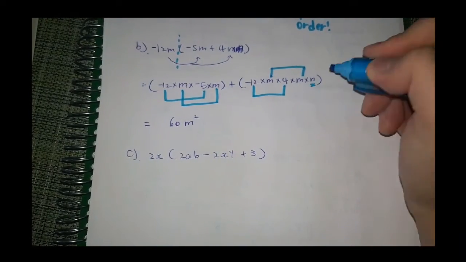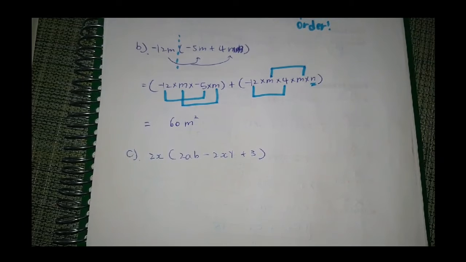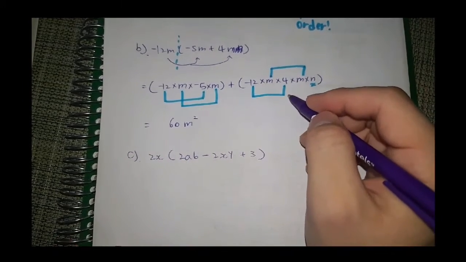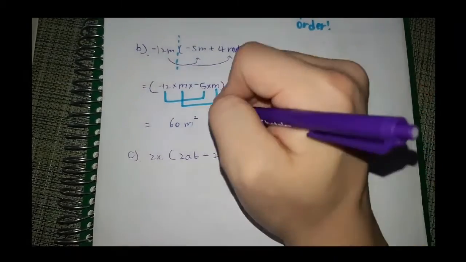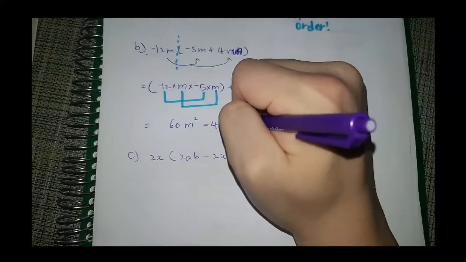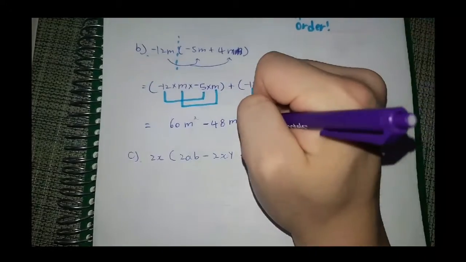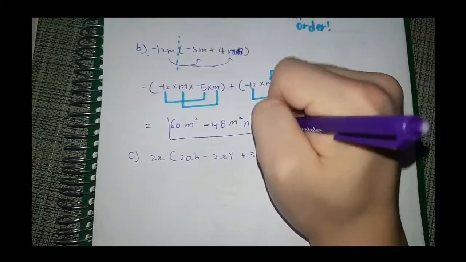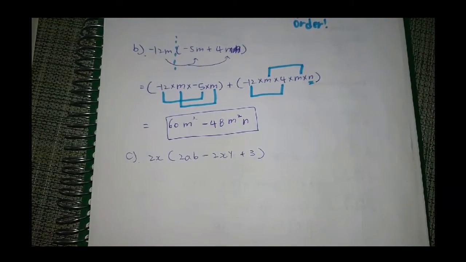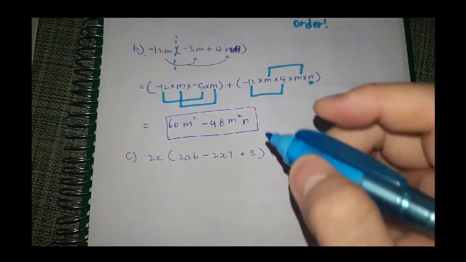When it comes to n, it is single out, so the second expression will be a little bit funky. Negative 12 times 4 is negative 48. M and m become m squared, followed by n. This is how you express your polynomial multiplication using the distribution method.